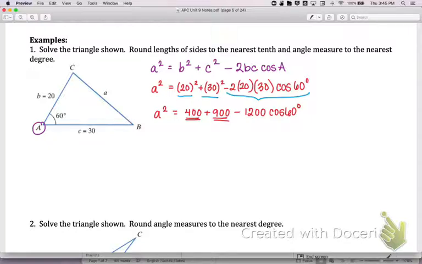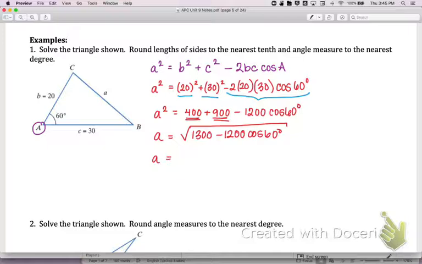In either case, for this particular one, we're just going to type that all straight into our calculator. And we also know that to solve for A, we're going to take the square root. So A is going to be equal to the square root of 1300 minus 1200 cosine of 60 degrees. And you can type all of that in at one time.